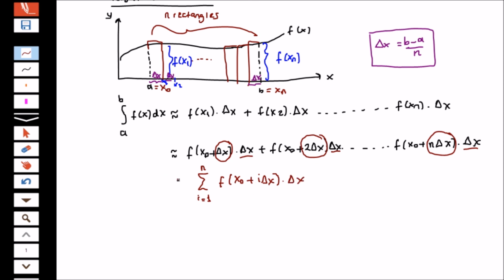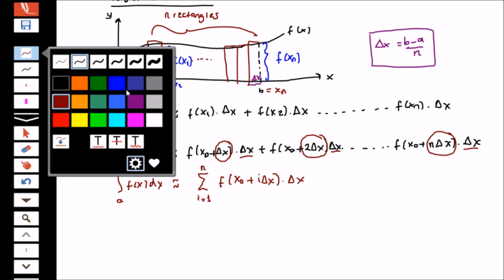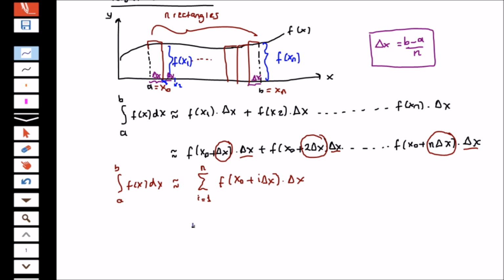delta x. Okay, this is approximately equal to the integral of f of x dx, but I would like to get exact equality. To get exact equality, I need infinitely many rectangles, and to get infinitely many rectangles, I need a limit.